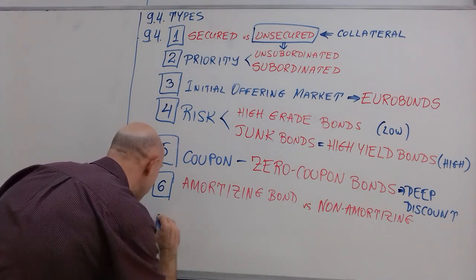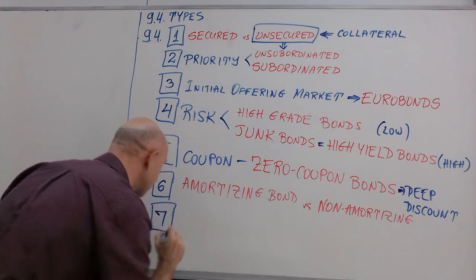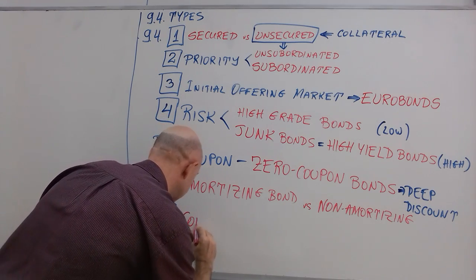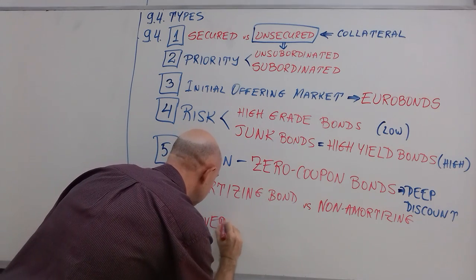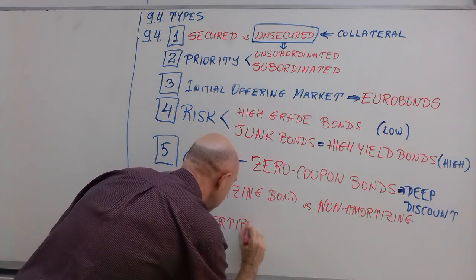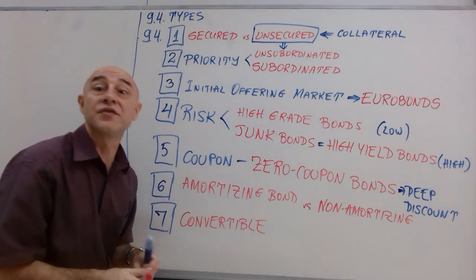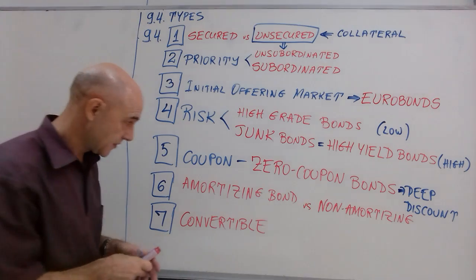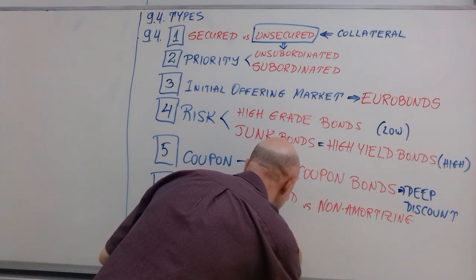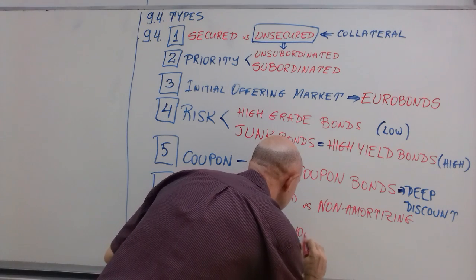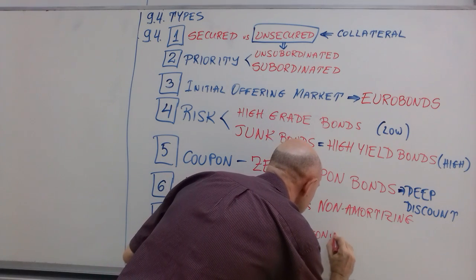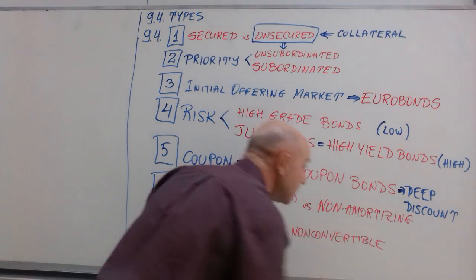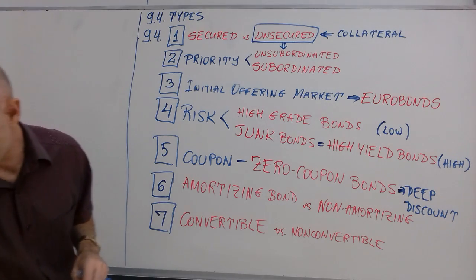And number 7. A bond may be convertible, as in convertible to stock, or non-convertible. Convertible versus non-convertible.